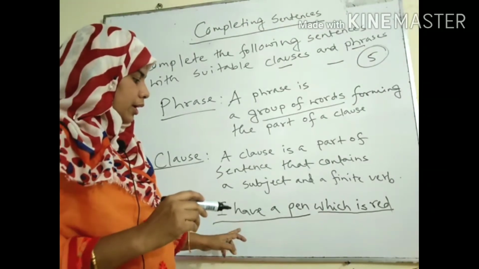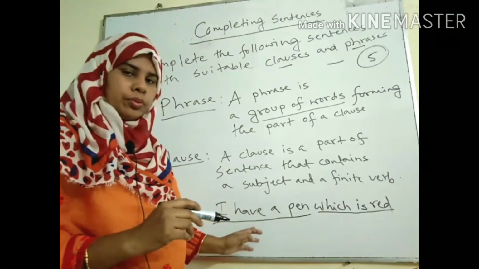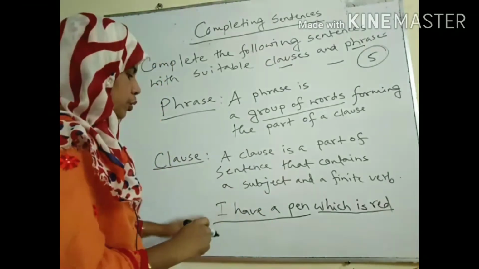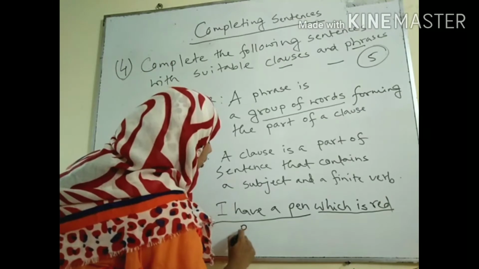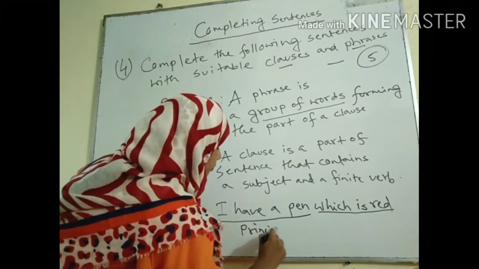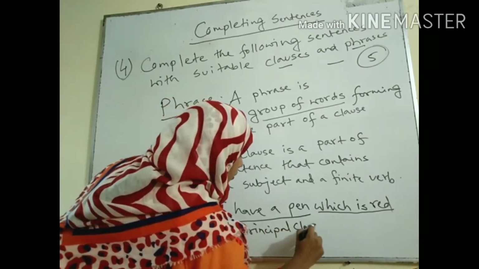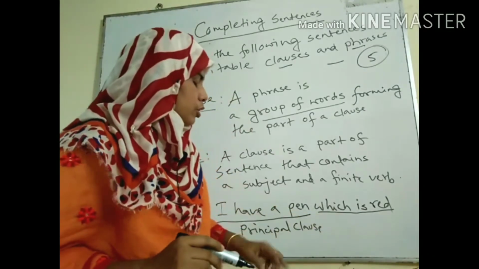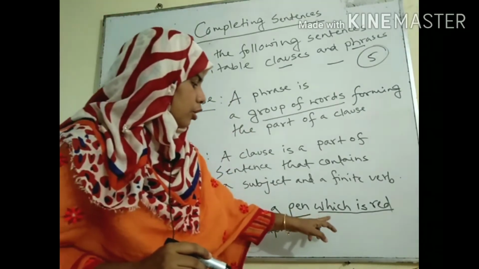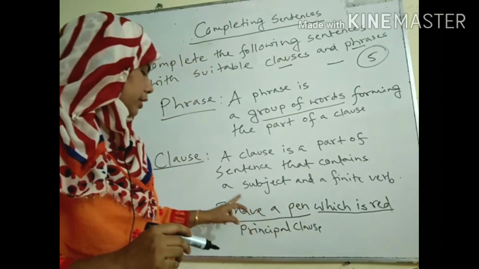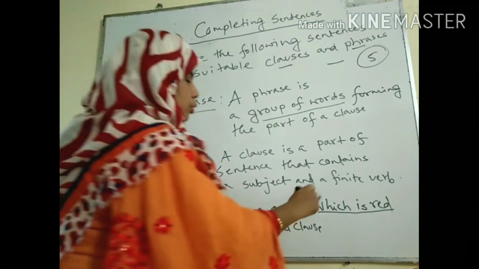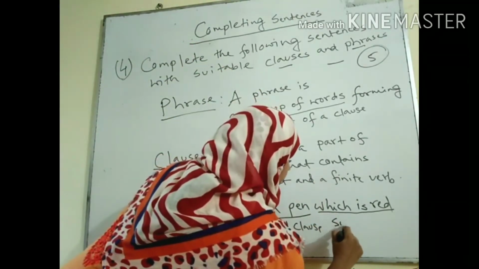It does not depend on another clause for its meaning. So this is the main clause or principal clause. But this clause, which is red, its meaning is dependent on the principal clause. So this clause is called a subordinate clause.